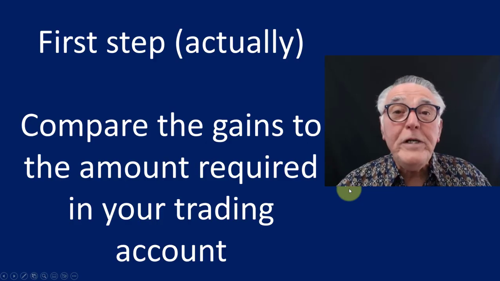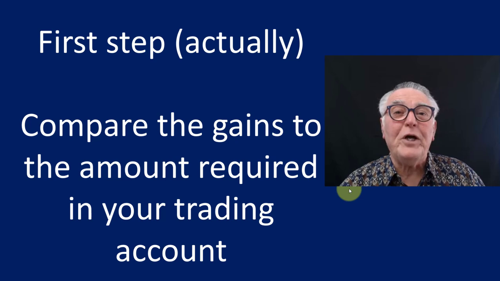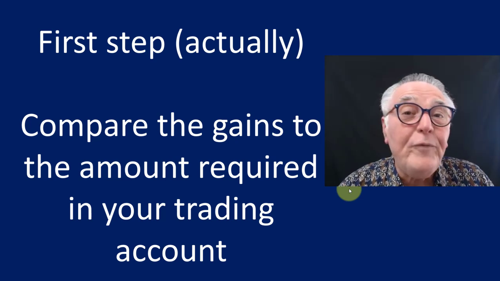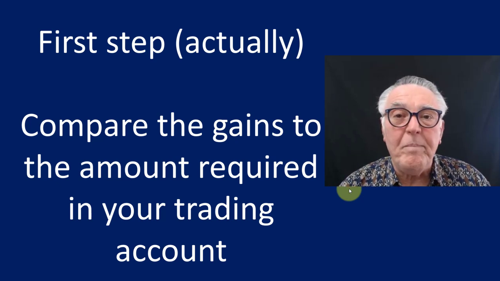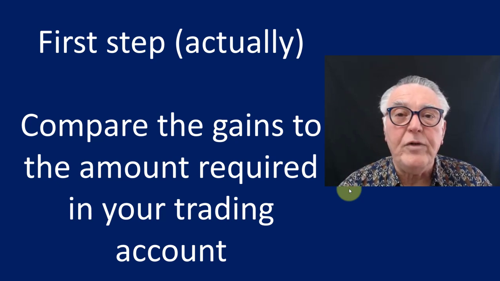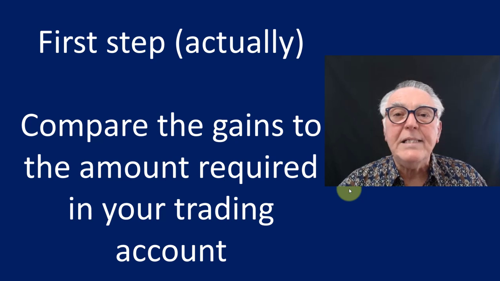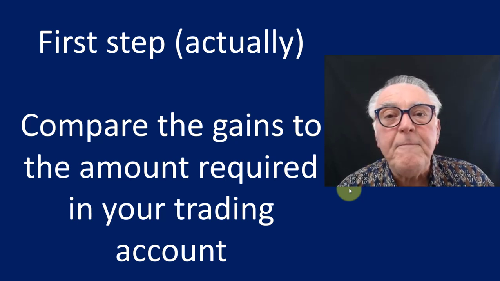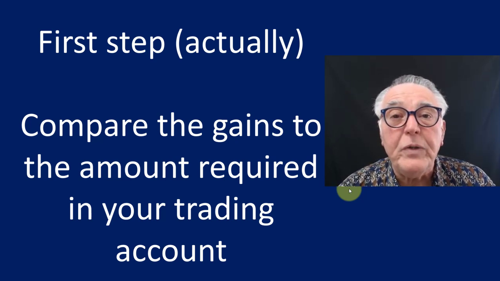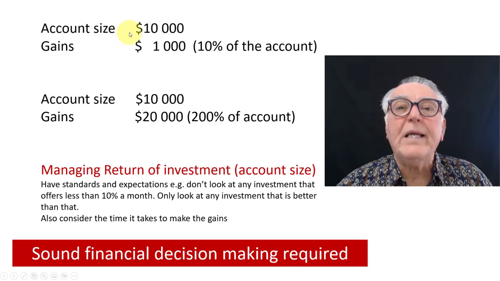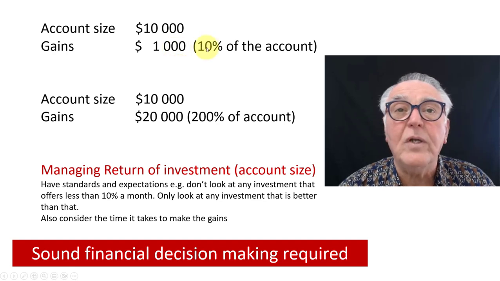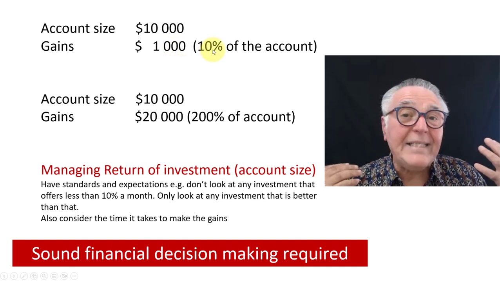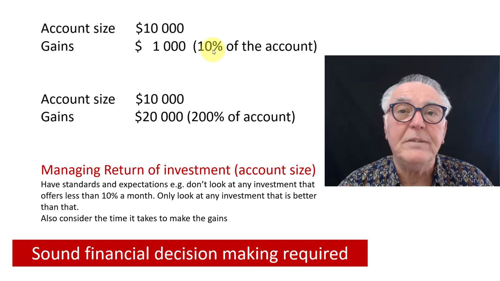But the first step actually, I've shown you the other two steps, but the first step actually is to compare the gains that are made to the amount required in your account, because that is traditionally the ratio called return on investment. So if your account size is $10,000 and you've made gains of $1,000, you've had a 10% return on investment.